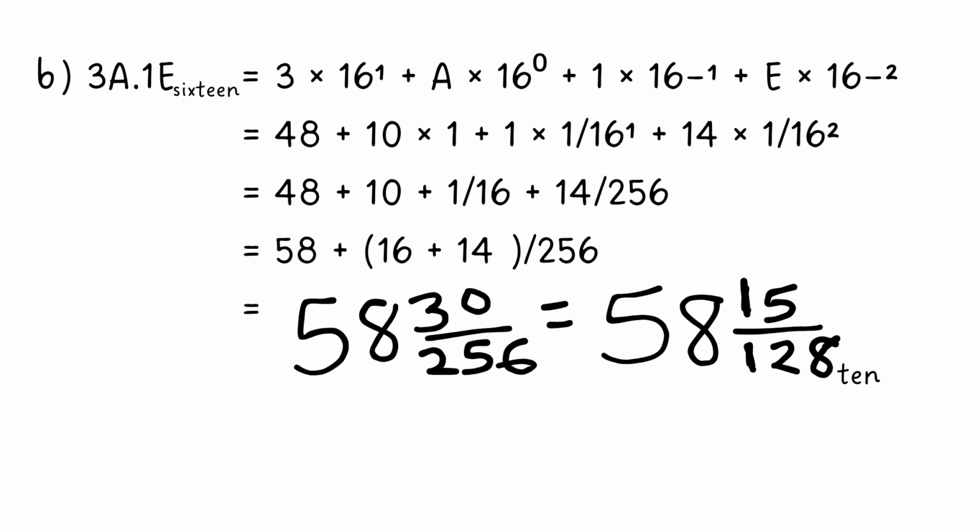And then we have 48 plus 10 plus 1 over 16 plus 14 over 256. And it goes on and on as it is on the screen. And then finally we have 58 whole number 15 over 128 to base 10 as our answer.